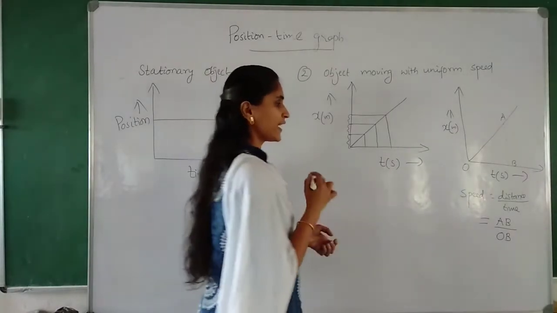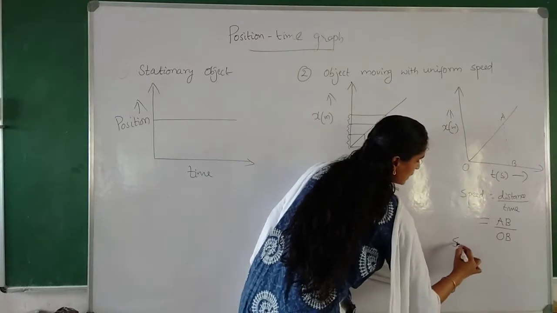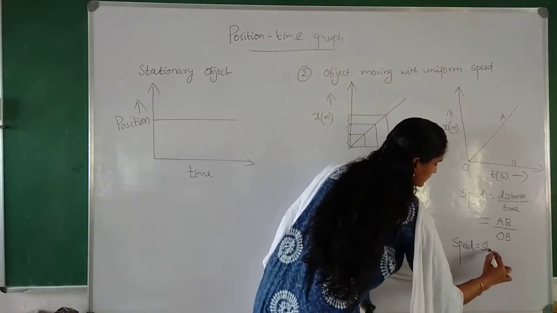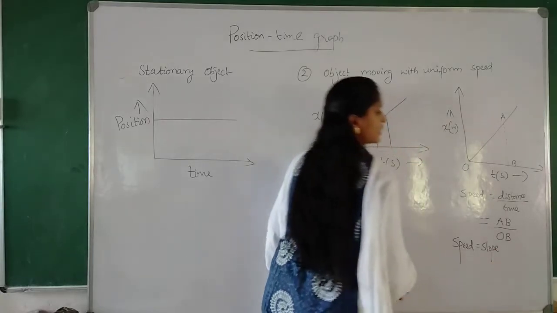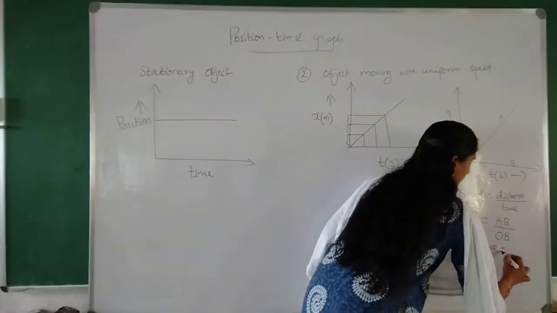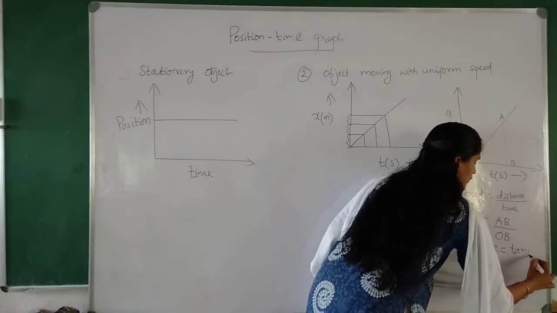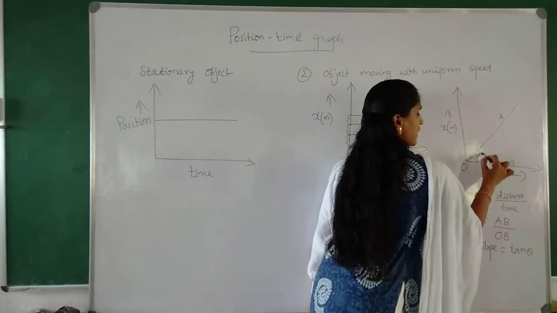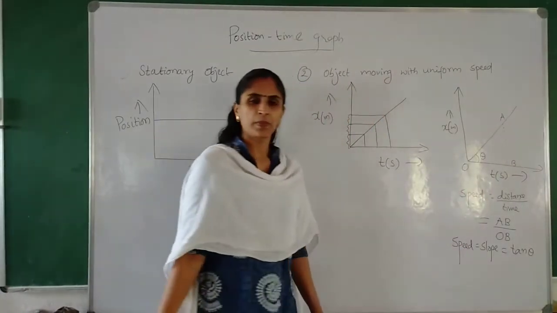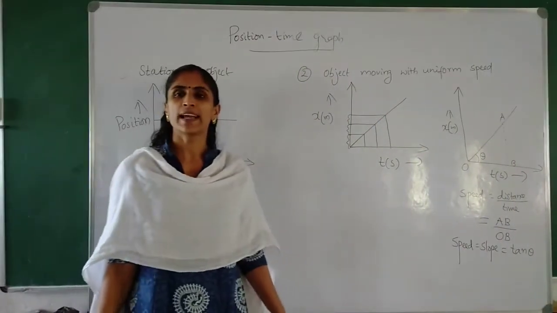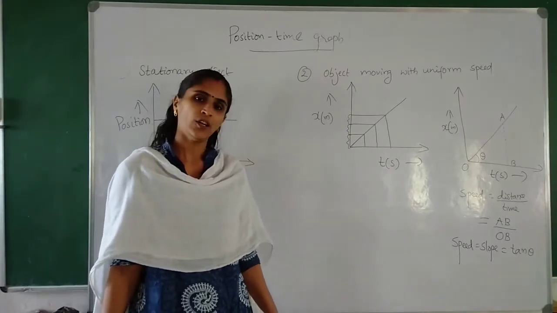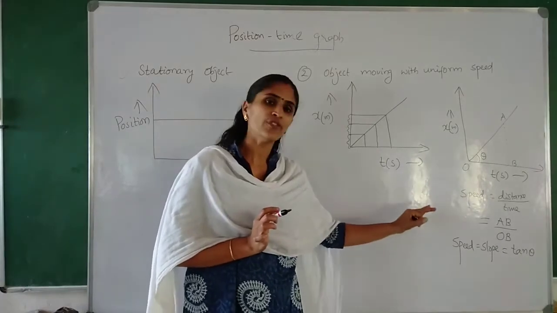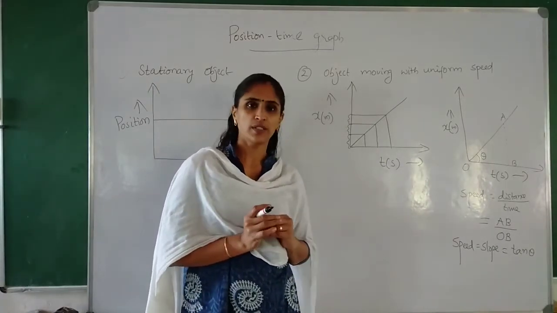Okay, or we can say that speed is equal to slope, or slope can be written as tan theta. If theta is the angle made by this line with the time axis, we can write speed is equal to slope, and that is equal to tan theta. Okay, is it clear? Understood? No. So this is the way of finding speed or velocity.